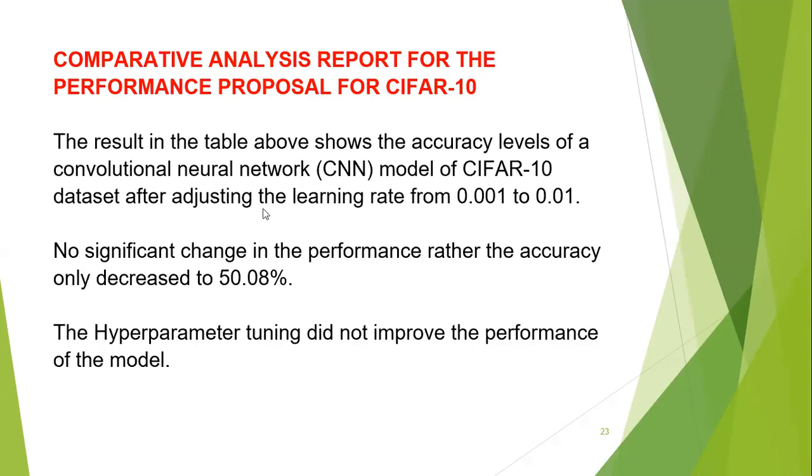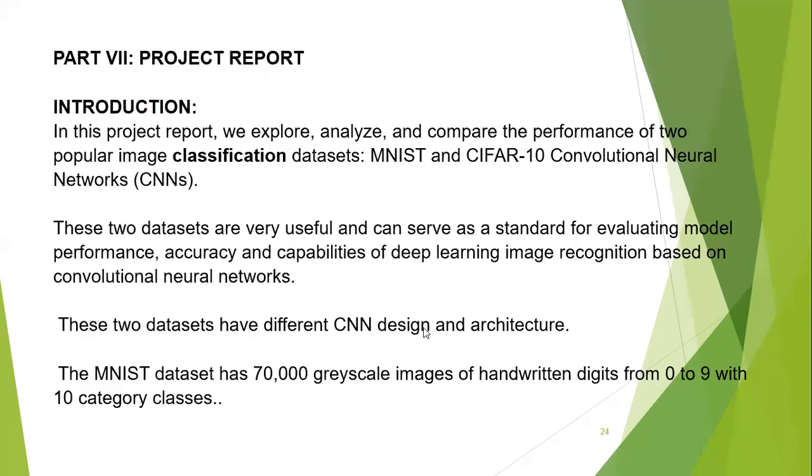But unfortunately, after increasing the learning rate from 0.001 to 0.01, we discovered that there is no significant change in the performance. Rather, the accuracy only decreased. This shows that our hyperparameter tuning did not improve the performance of the model.